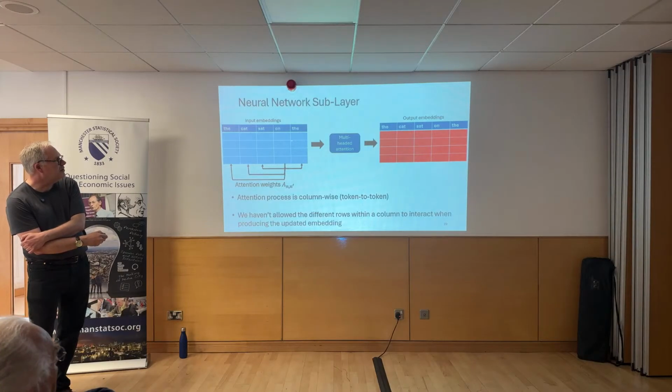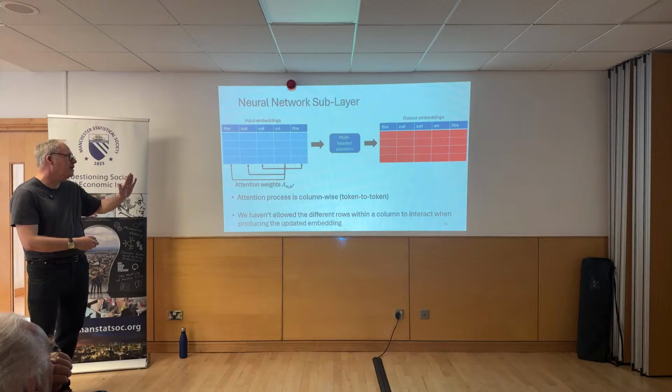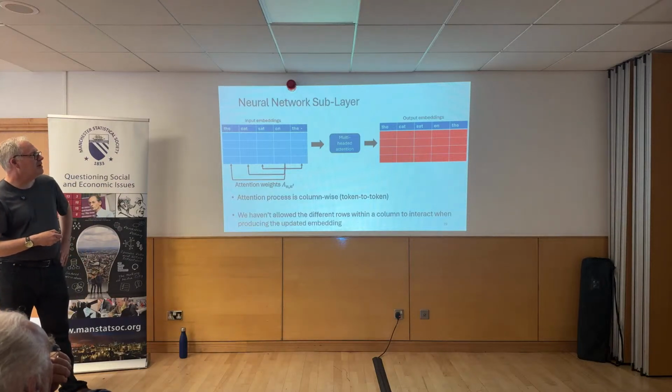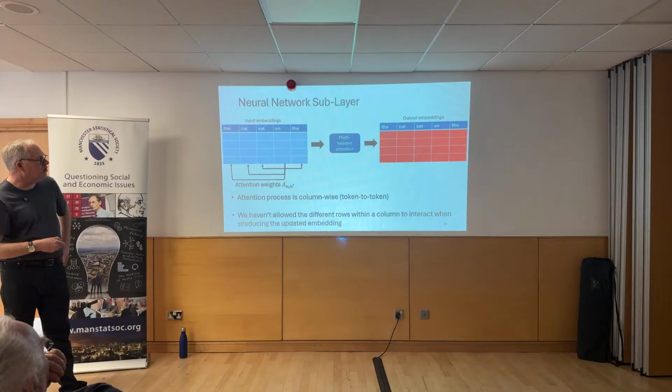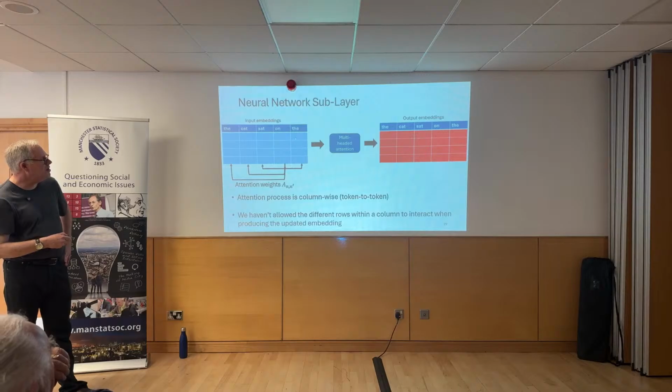So when we're computing the new vector to represent the word "the," we were working out similarities from this column to this column and this column and so on. In other words, we were doing calculations column-wise. But there may be similarities within a single column that we should be taking into account. So although we're using information about how similar this column is to this column, we're ignoring any information about how similar, say, this row is to this row. Okay, so we're missing a trick.